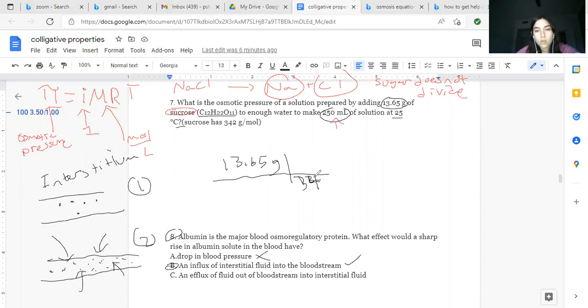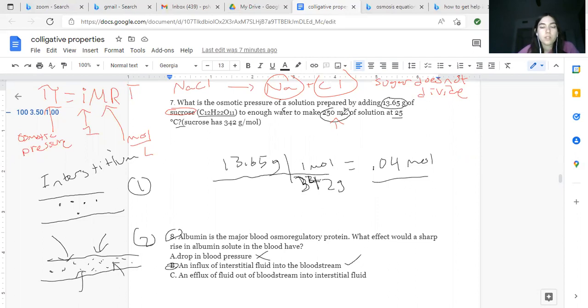So 342 grams equals 1 mole. You can use that, just do a quick calculation. All right, that's like 0.04 moles, and it's going to be over the liters.